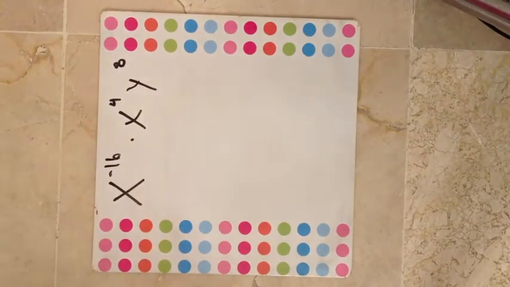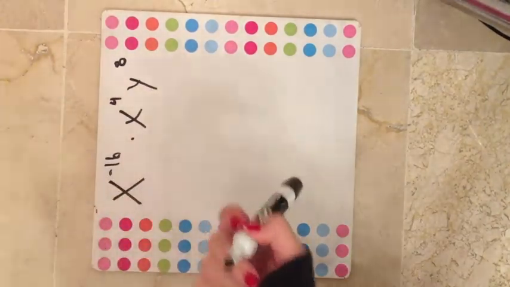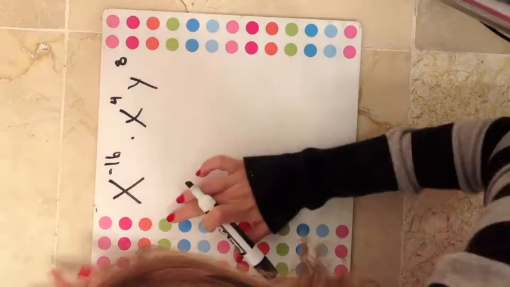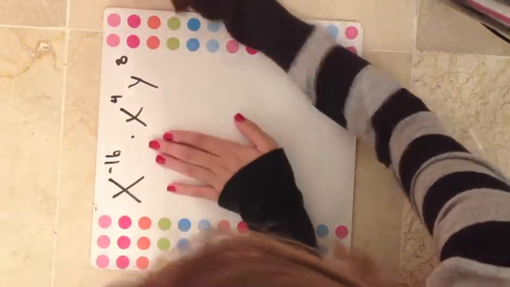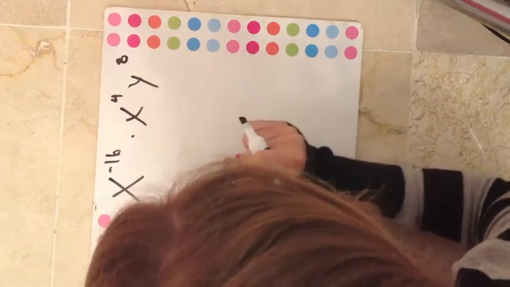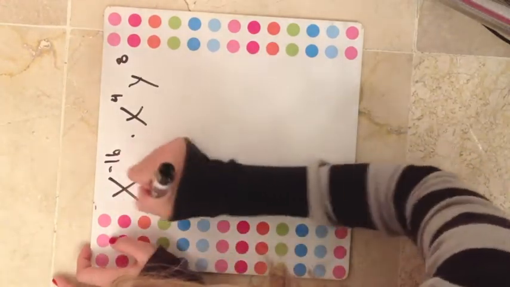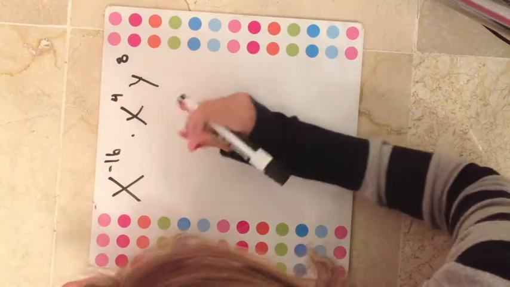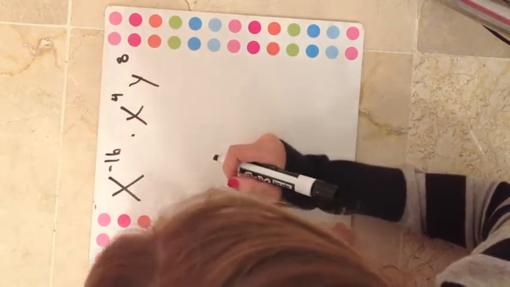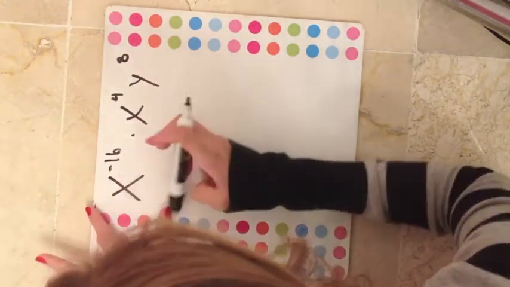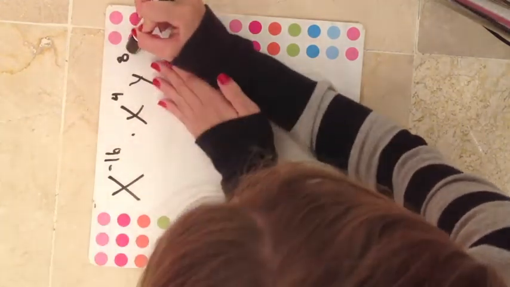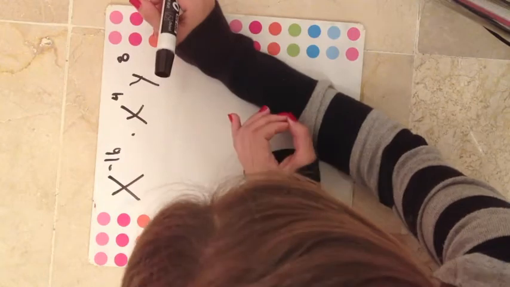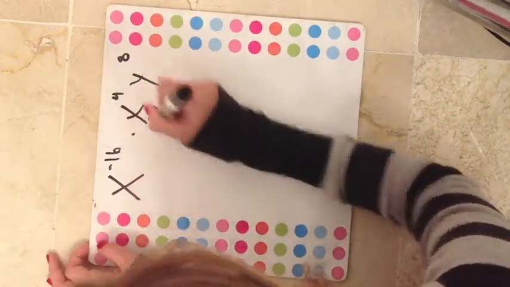Okay. So then you are left with this problem, which is multiplying the exponents. What you do is you need to combine the variables that are the same. So you cannot combine the x to the power of negative 16 to the y to the power of 8 because they are different variables. So you can only combine these two variables.